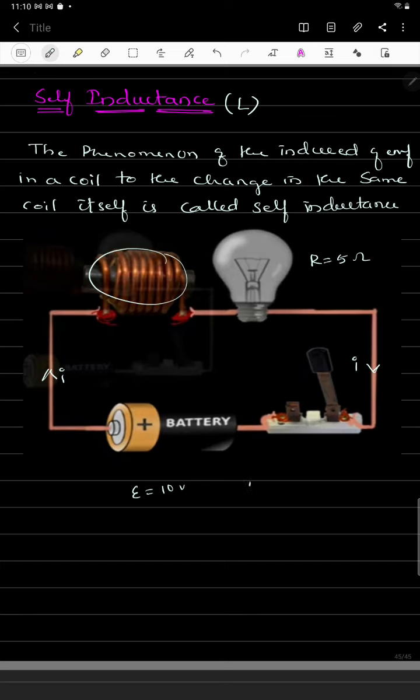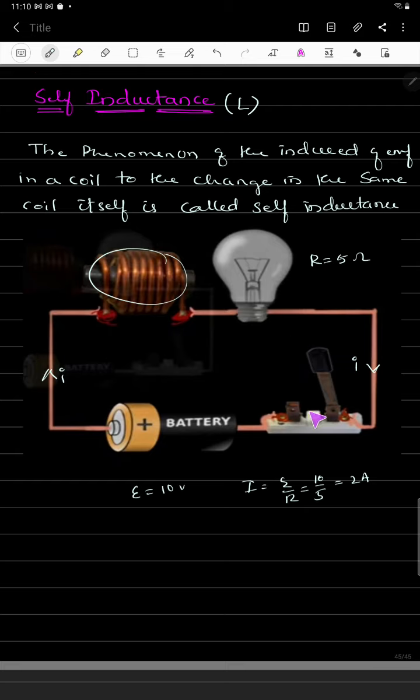If I calculate the current, 10 divided by 5, you will get 2 ampere. So 2 ampere current is passing through this circuit.